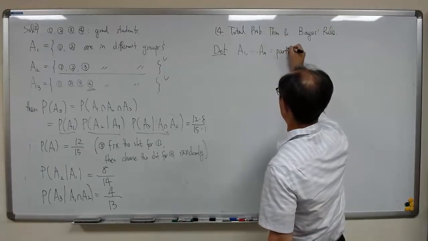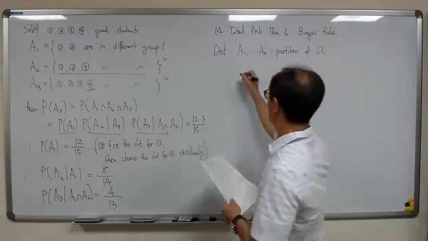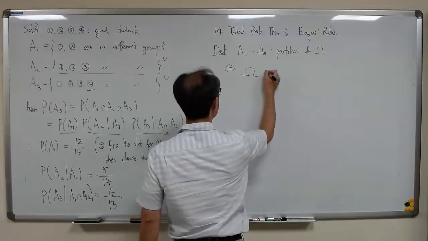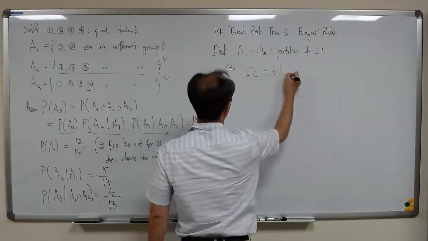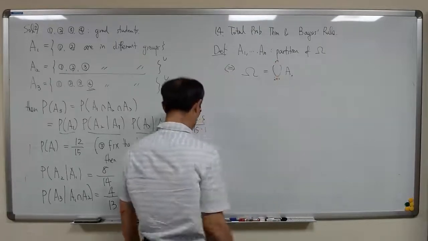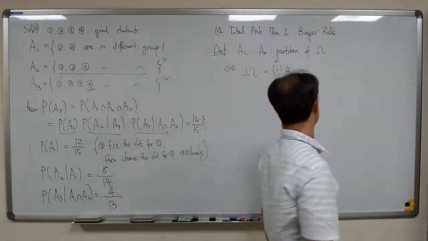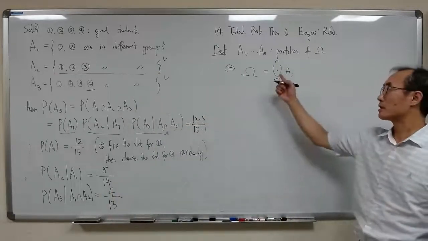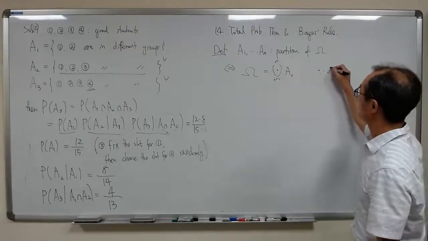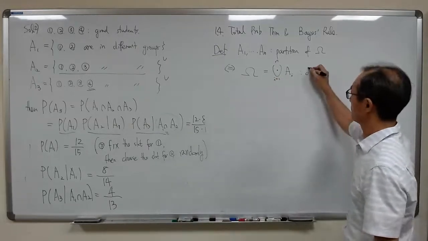We say this collection of events is a partition of the sample space omega. This means the sample space can be obtained by the union of those events Ai, as i goes from 1 to n, and here I put a dot. What does this dot in the union mean? This is the disjoint union.